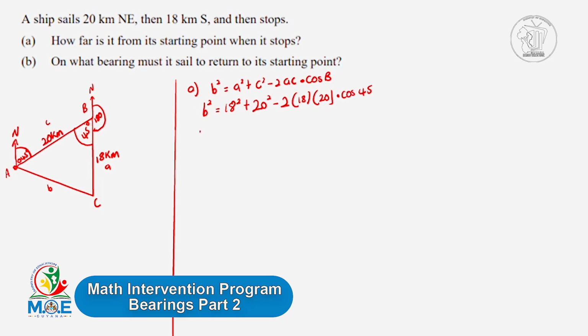So we can work this out. b squared will be, when you square 18, you will get 324, plus, when you square 20, you will get 400.